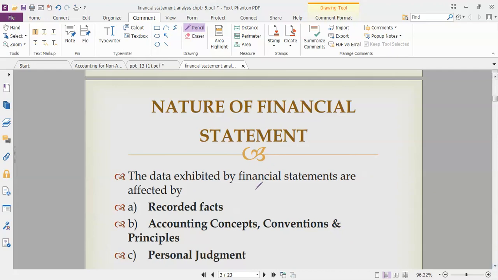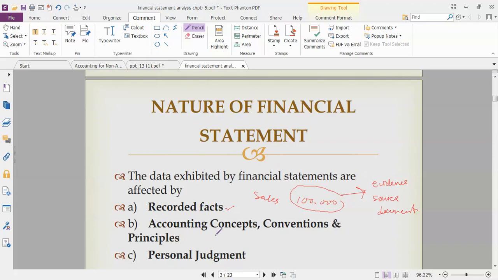For example, if we have sales amounted to 100,000, before the accountant puts the amount inside the financial statement, they should have the evidence in terms of source document. So that's why everything inside the financial statement is recorded as facts.